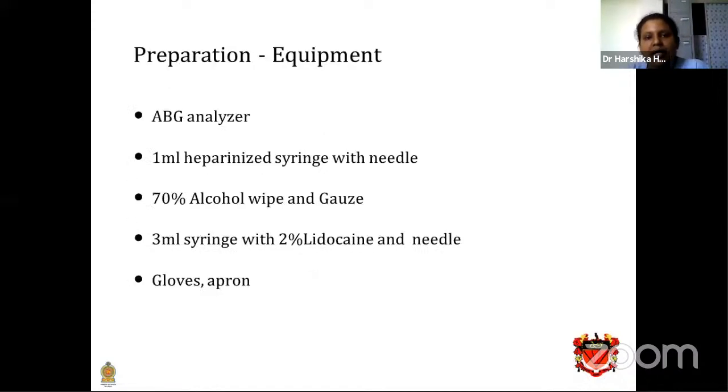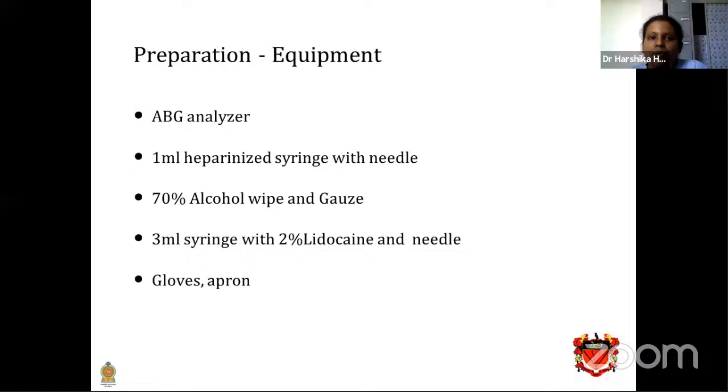So what is the equipment that you need in order to perform an arterial blood gas? Obviously, you will need a blood gas analyzer, and also you will need a heparinized syringe. Ideally, we take a 1 ml heparinized syringe. What is the volume of heparin that you need to take?